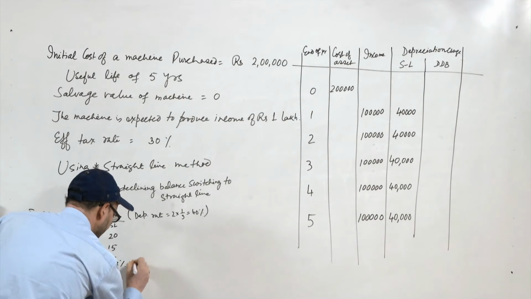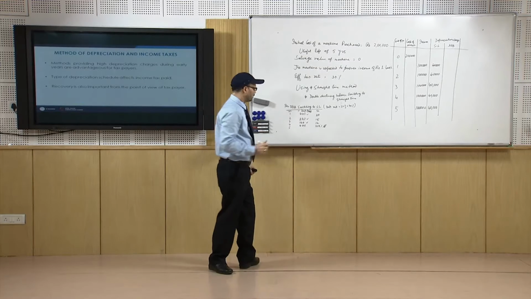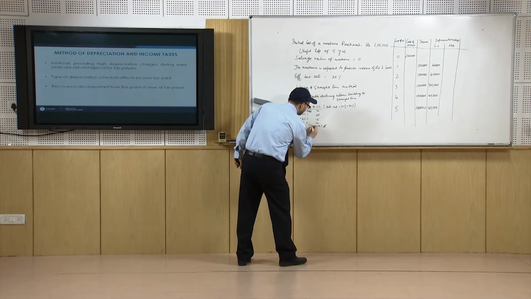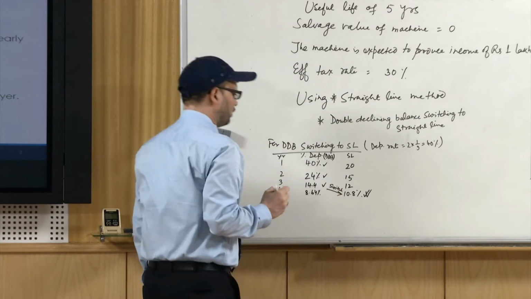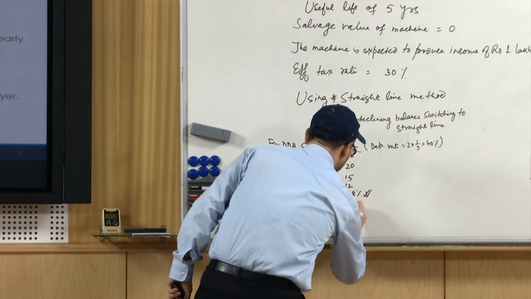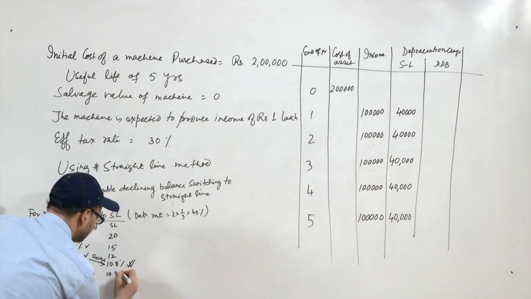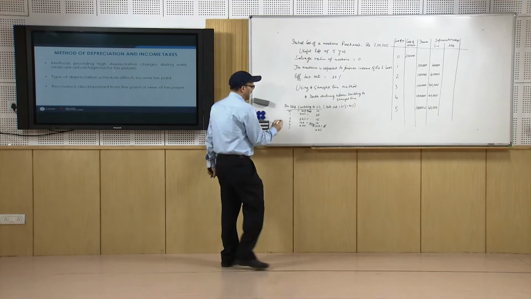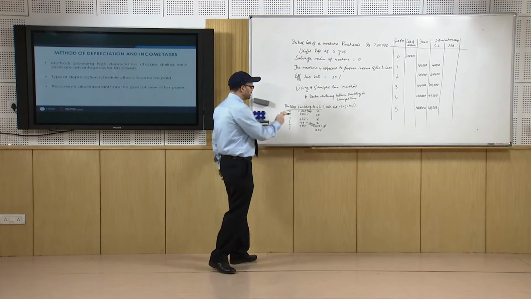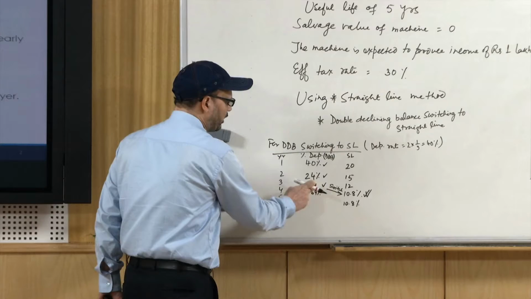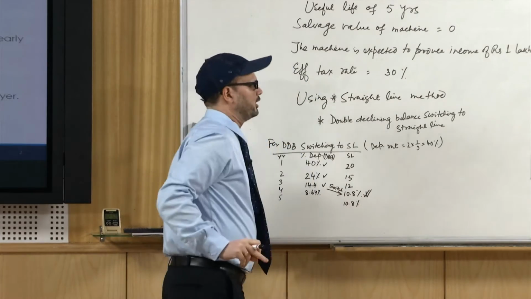So, there is a switch here, and then this will be further 10.8 here. So, our depreciation schedule for DDB switching to straight line is 40, 24, 14.4, 10.8 and 10.8.